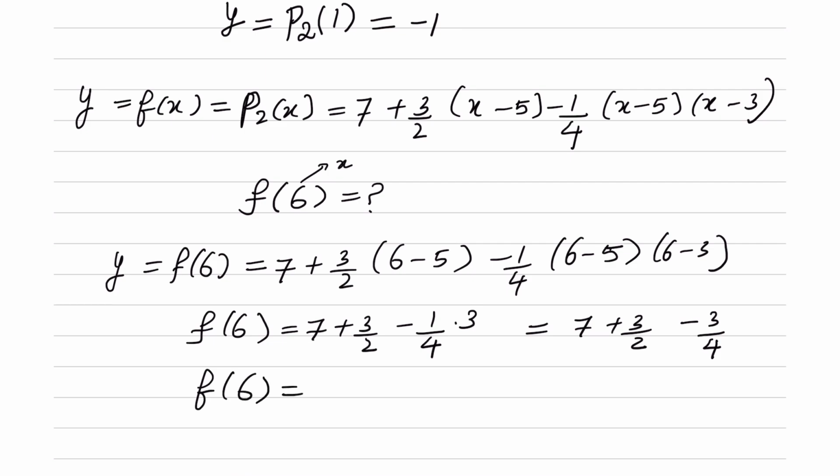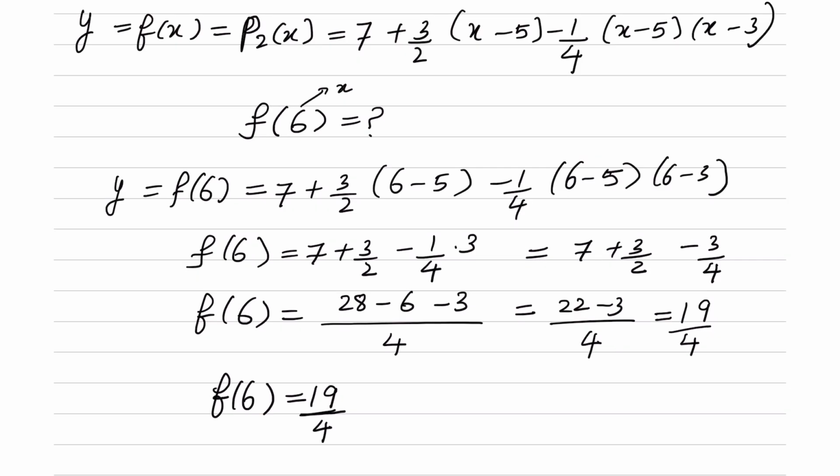Let's simplify and we get the value of the function at x equal to 6 is 19 by 4. So here we have constructed the polynomial by using the backward differences method, and then we have found the value of the function, or the value of the polynomial, at x equal to 6.